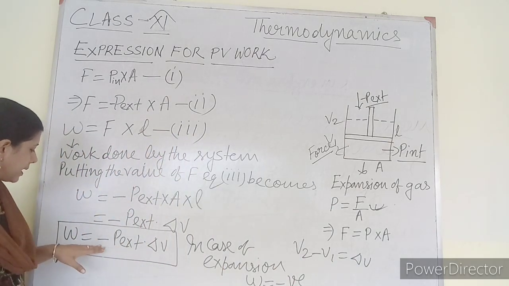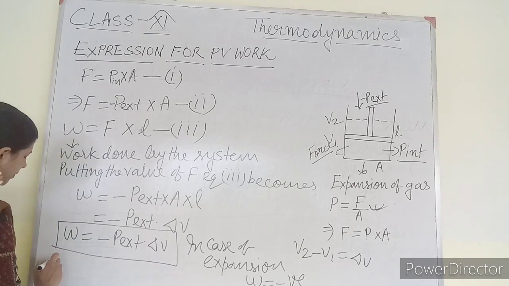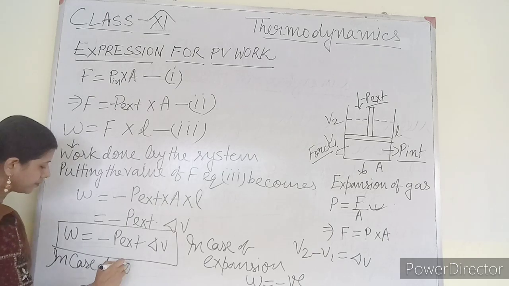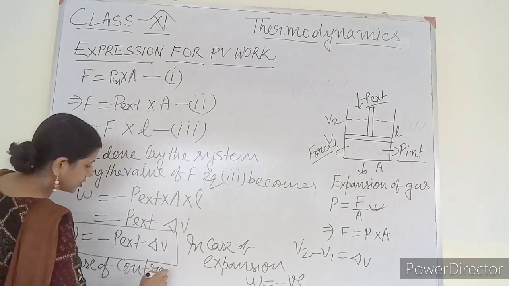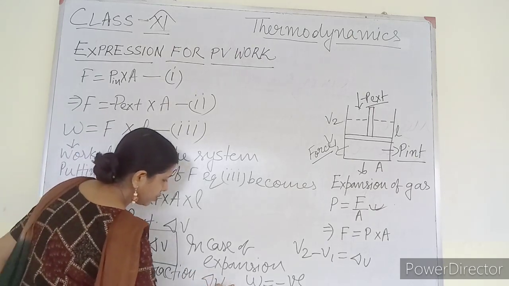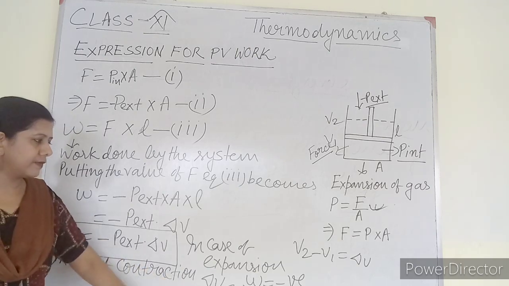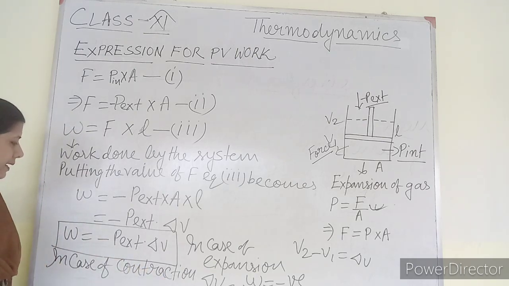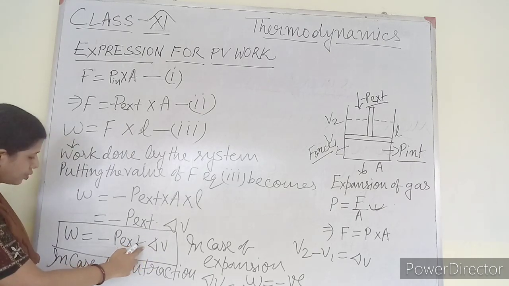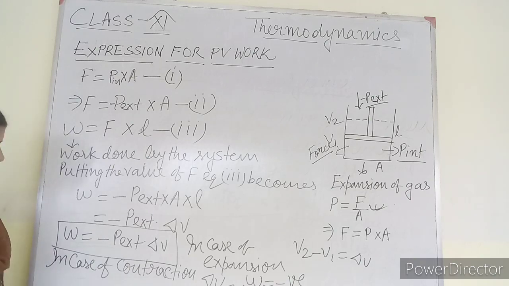So in case of contraction, delta V is negative. If delta V is negative, I will put delta V here. So this one is negative, this one is negative, so W will be positive.